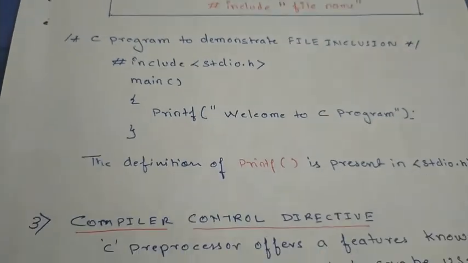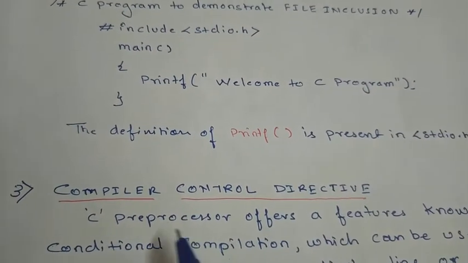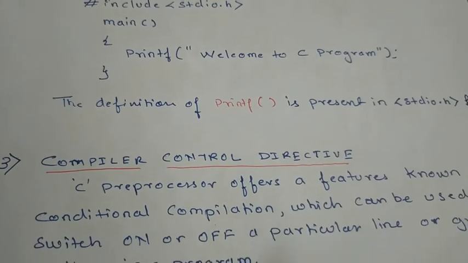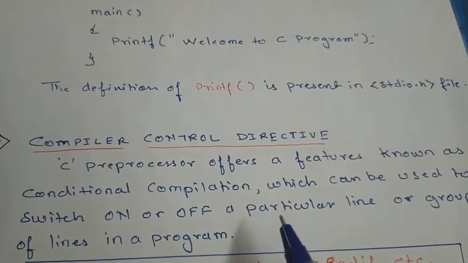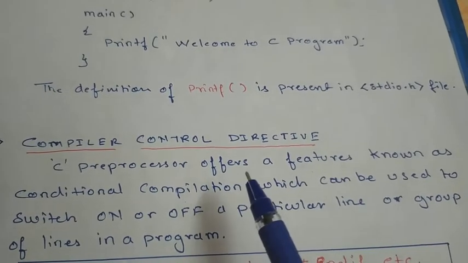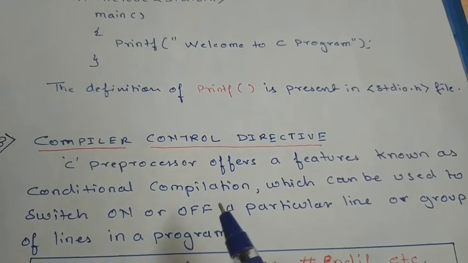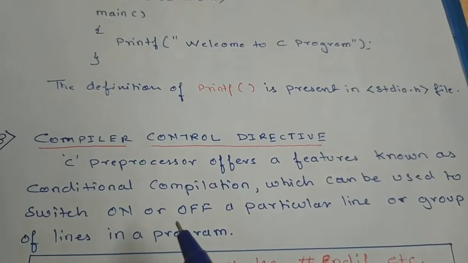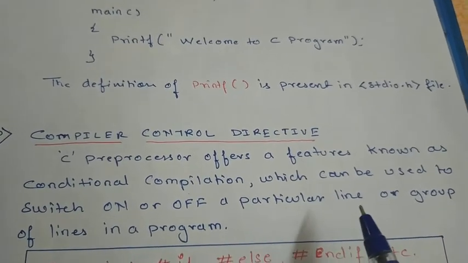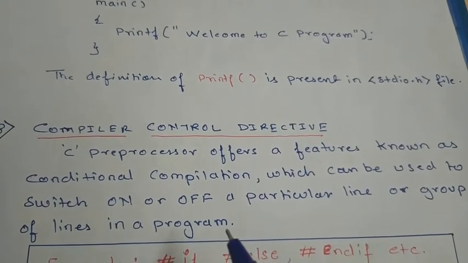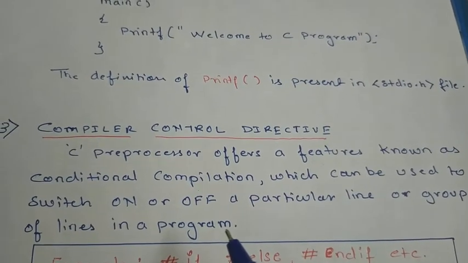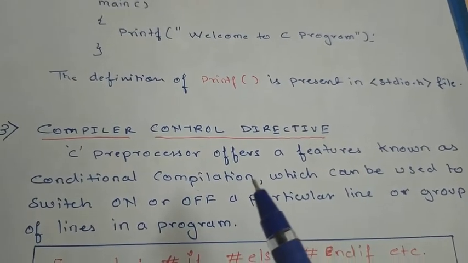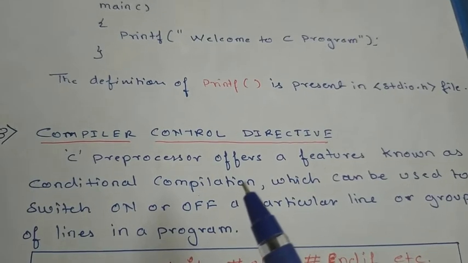The next directive what we have is a compiler control directive. A C preprocessor offers a feature known as conditional compilation, which can be used to switch on or off a particular line or group of lines in a program. Okay, so it's a conditional compilation.